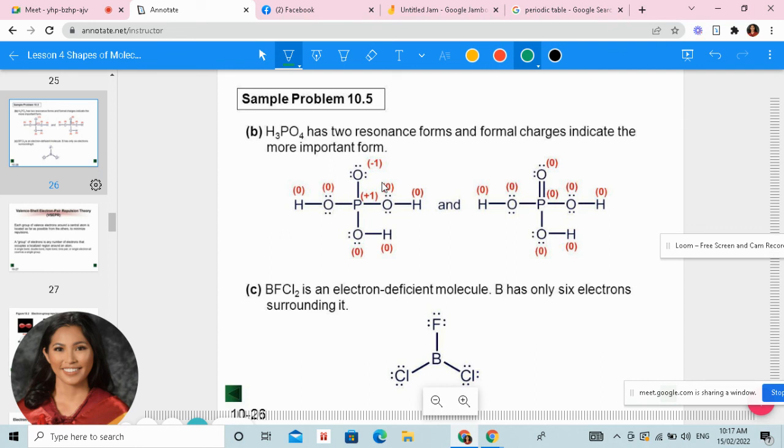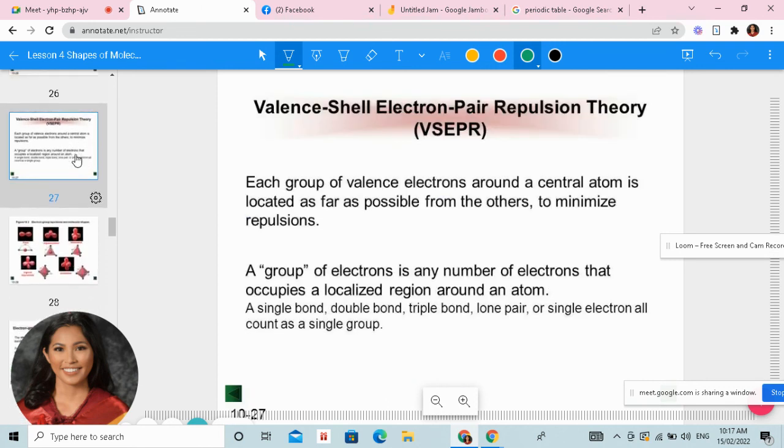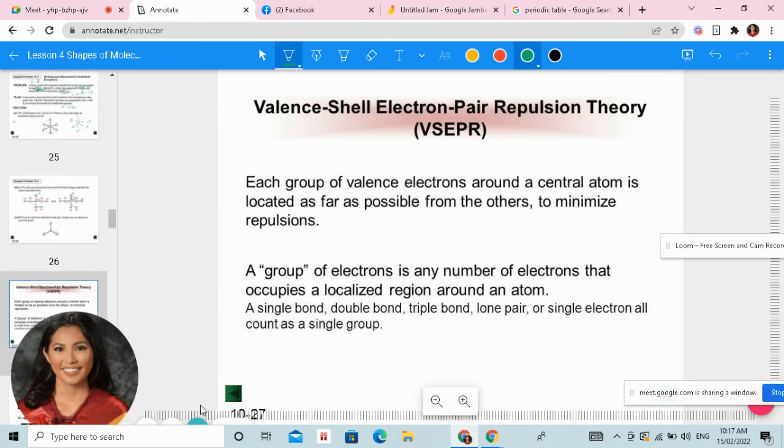Structure 1 or 2? Now look at the formal charges. Structure 2, ma'am. Okay, 2 because it can have resonance. It is a hybrid, so the double bond can be here, or here, or here. So we have that one. Structure 2 is more important.